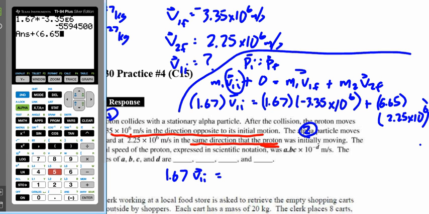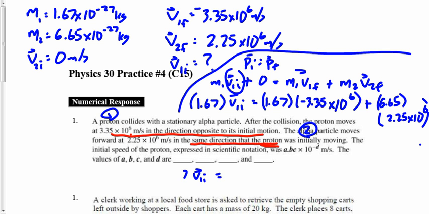If you have any trouble with the calculator entry, the keystroke entry, or how to rearrange it or whatever, let me know. Times 2.25 times 10 to the 6. I'm going to divide that by 1.67. That gives me 5.61 times 10 to the 6, which we're going to record. It says A, B, C, D, A, B, C, and D.